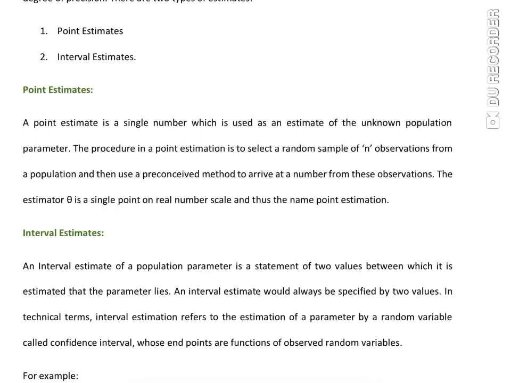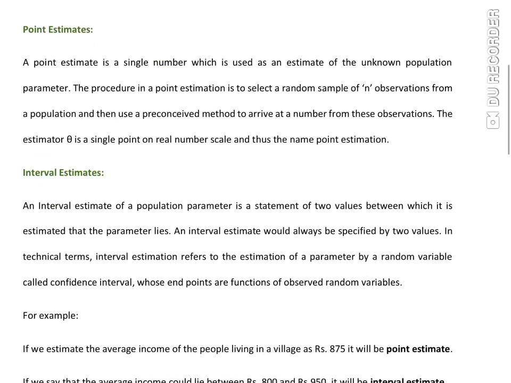So I hope you understand what is estimator and estimate. Now point estimate is a value if we are trying to derive something out of the data. Now if there are n observations, if we use mean to find a value, to find the parameter of that particular sample, and we get a value, that is a point estimate.